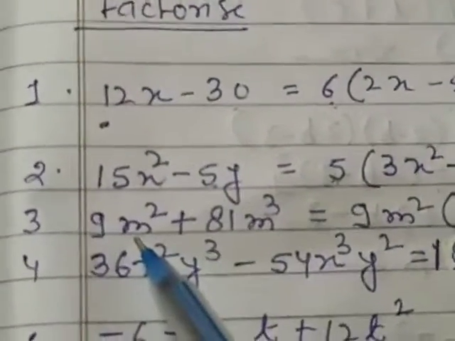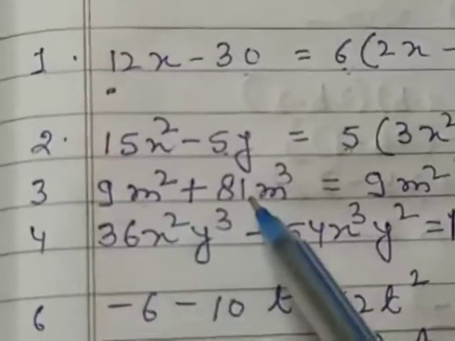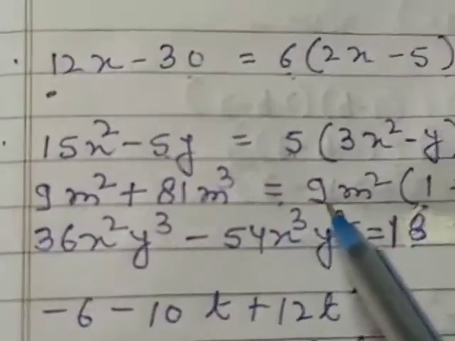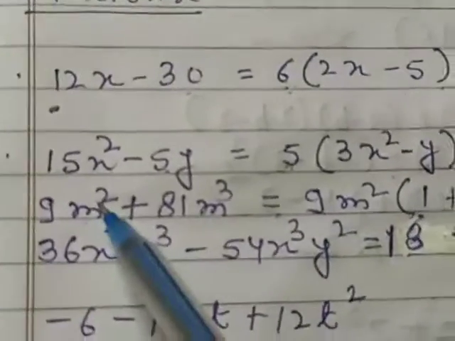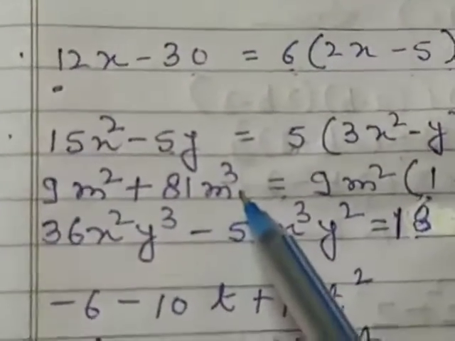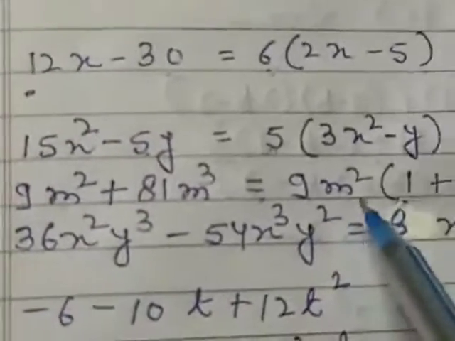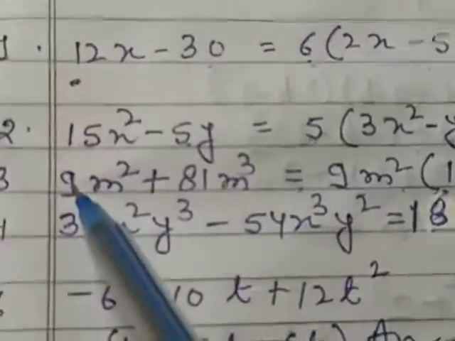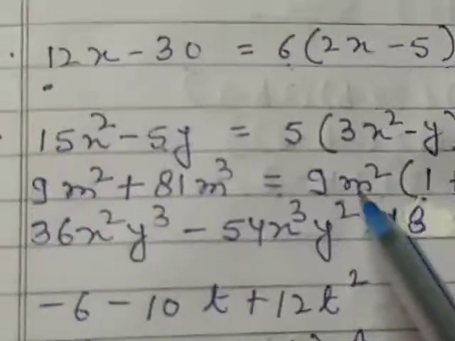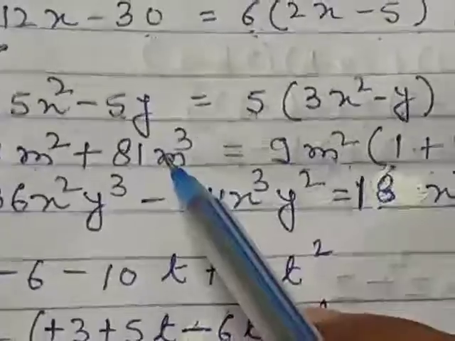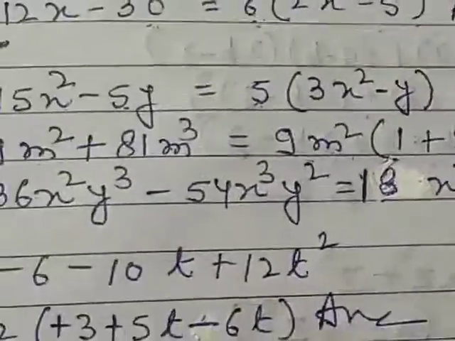Next, question number 3: 9m square plus 81m cube. Common is 9, and m square is here, m cube is here, so the GCF is 9m square. Dividing, 9m square divided by 9m square is 1, plus 81m cube divided by 9m square is 9m. This is the answer.